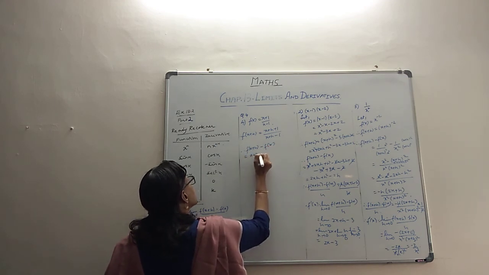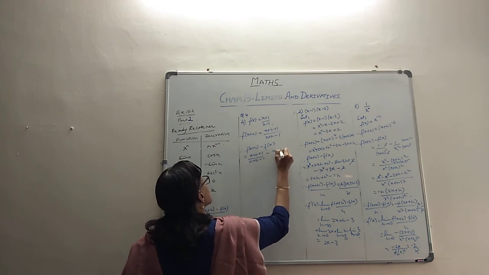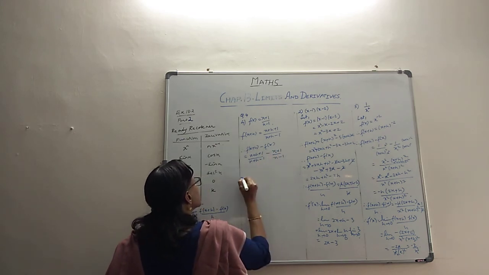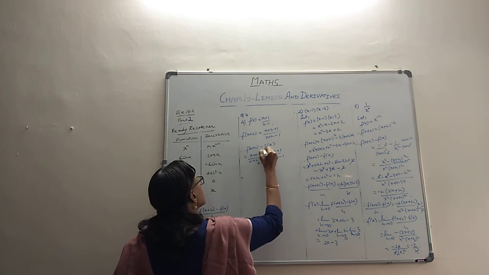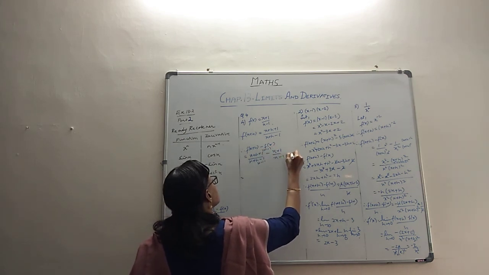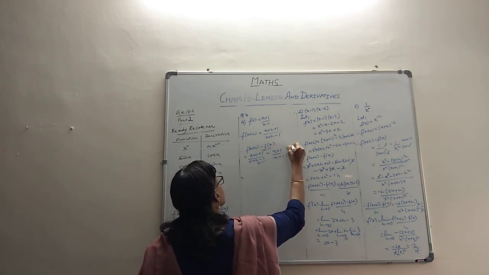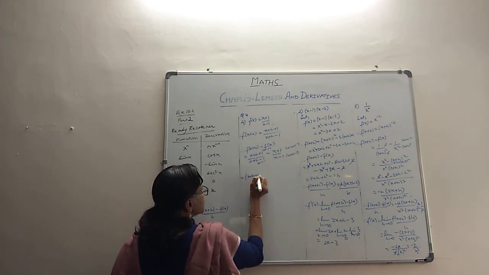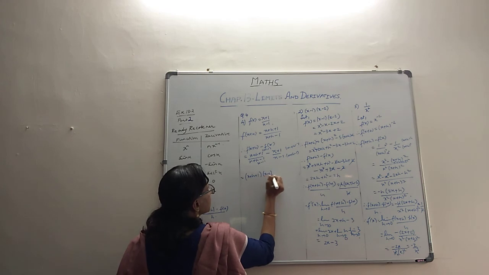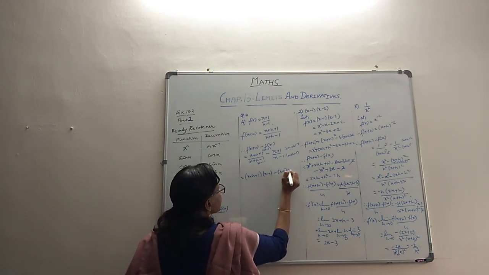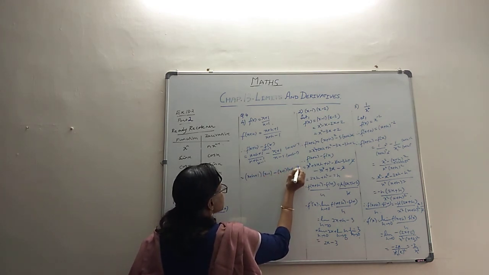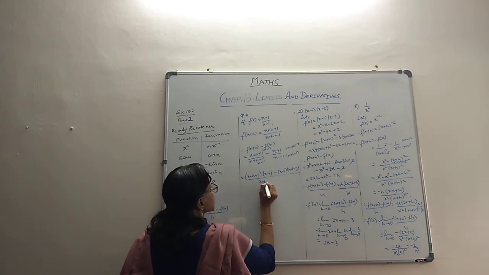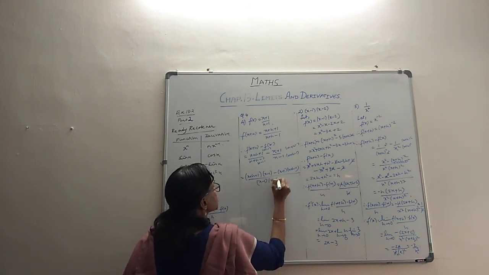(x plus h plus 1) by (x plus h minus 1), minus (x plus 1) by (x minus 1). Now equalizing. Here x minus 1 and here x plus h minus 1. So here it is (x plus h plus 1) times (x minus 1). Here it is (x plus 1) times (x plus h minus 1). And denominator is (x minus 1) times (x plus h minus 1).